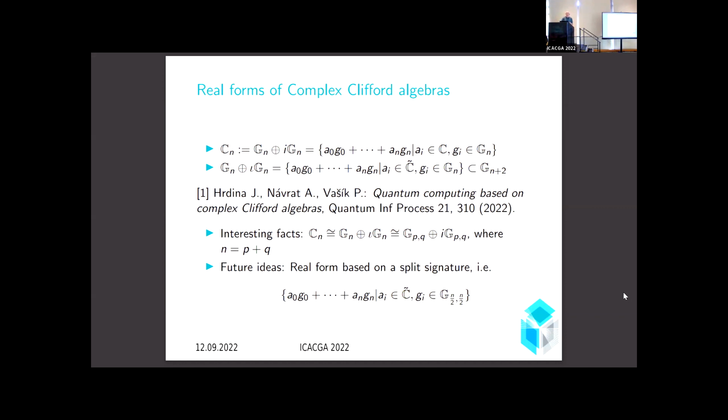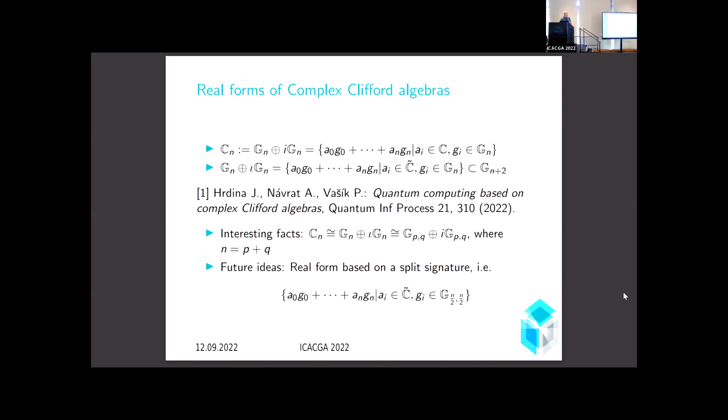Before, let me mention one interesting fact. In the complex Clifford algebra, the signature doesn't matter because we can change the basis over Clifford numbers. So with the help of the imaginary unit, we can change the signature from plus to minus. So in the complex Clifford algebra, the quadratic form is described only by dimension.